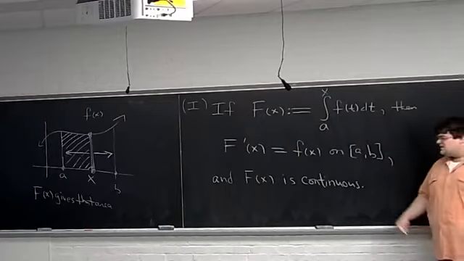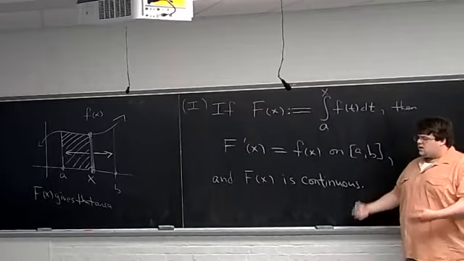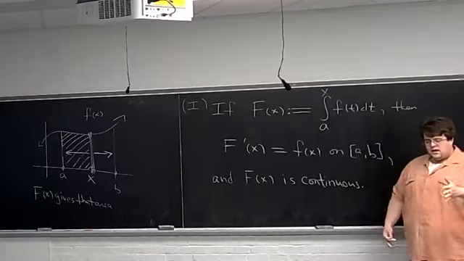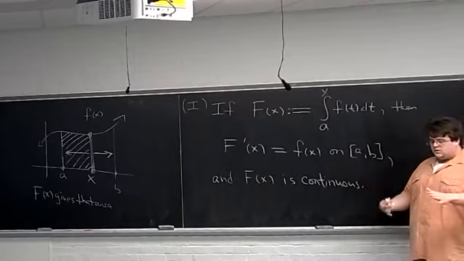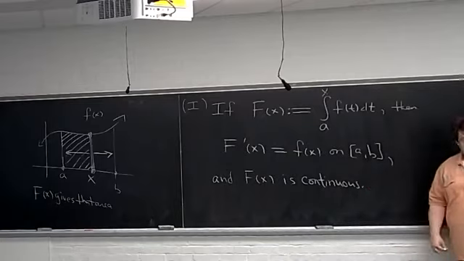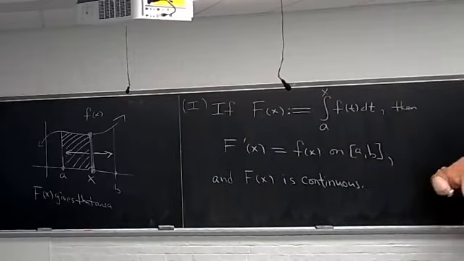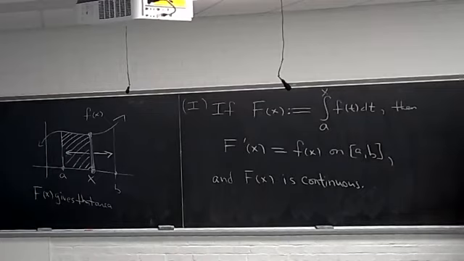That's all a consequence of capital F being continuous. You can fill in that area in a continuous way by letting that x go anywhere from a to b. Any questions about the consequences we just discussed of the first part?